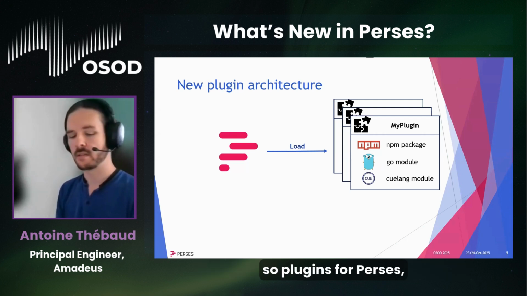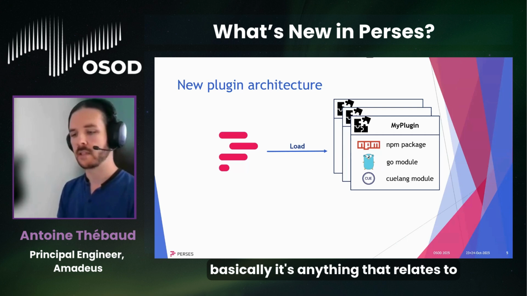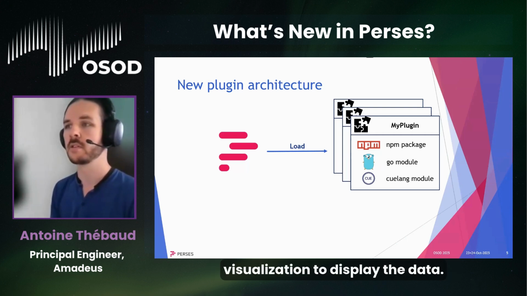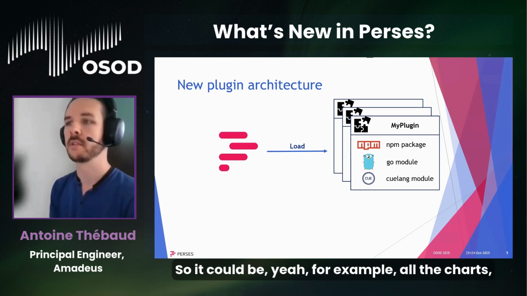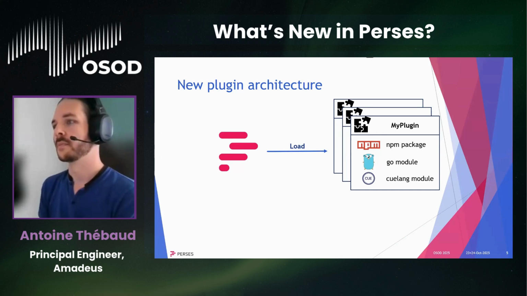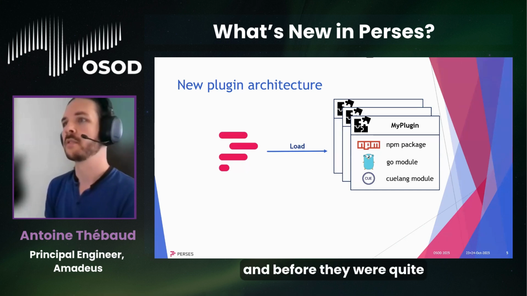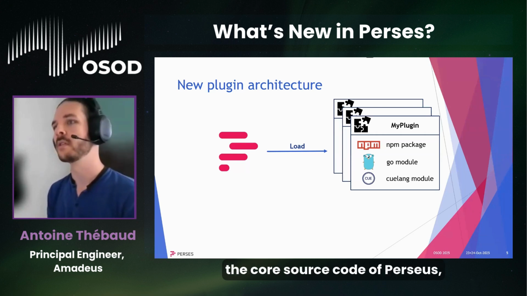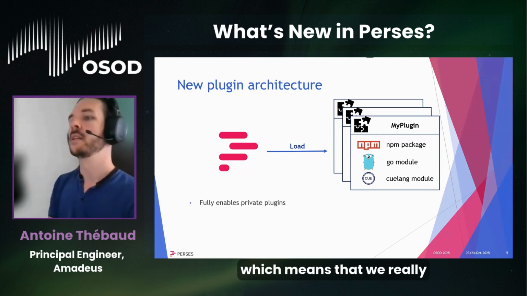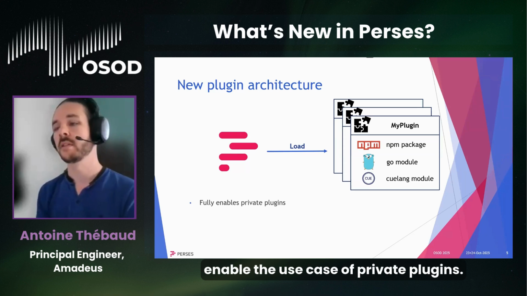Plugins for Perses are basically anything that relates to the data sources or the types of visualization to display the data, for example all the charts. These were quite intertwined with the core source code of Perses, and now it's fully externalized, which means that we really enable the use case of private plugins.